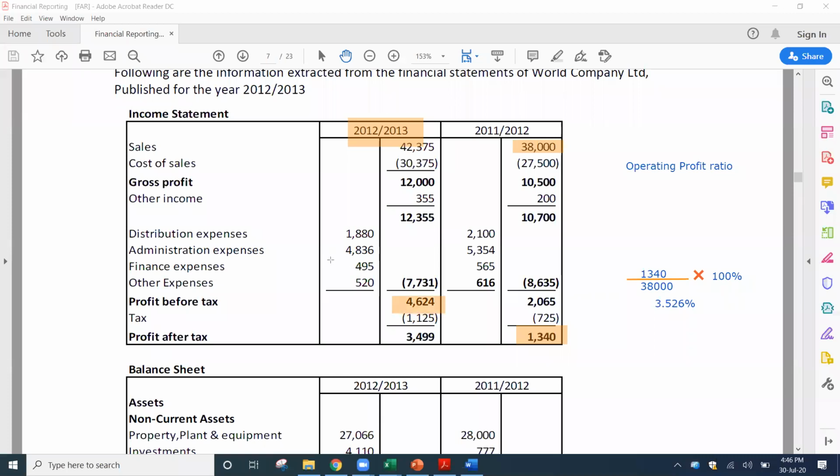Before interest means you have to adjust the finance expense. Finance expense is interest, right? So operating profit equals profit before tax 4,624 plus 495.